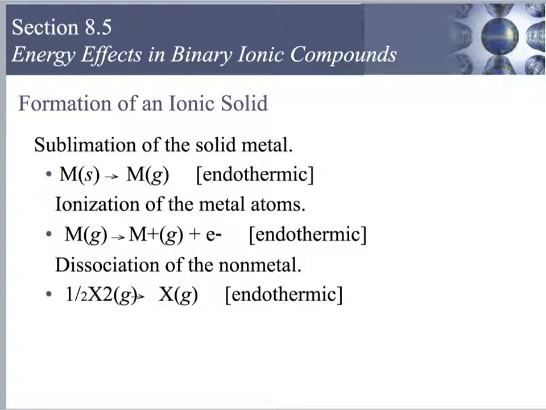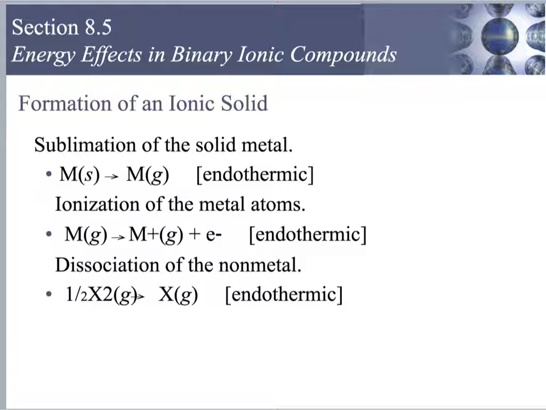So we can think about the process of an ionic compound forming as a series of steps. For the first step, the metal changes to a gas, so that's an endothermic reaction. Then the atoms in the gas are ionized, so that's endothermic, meaning it takes energy.